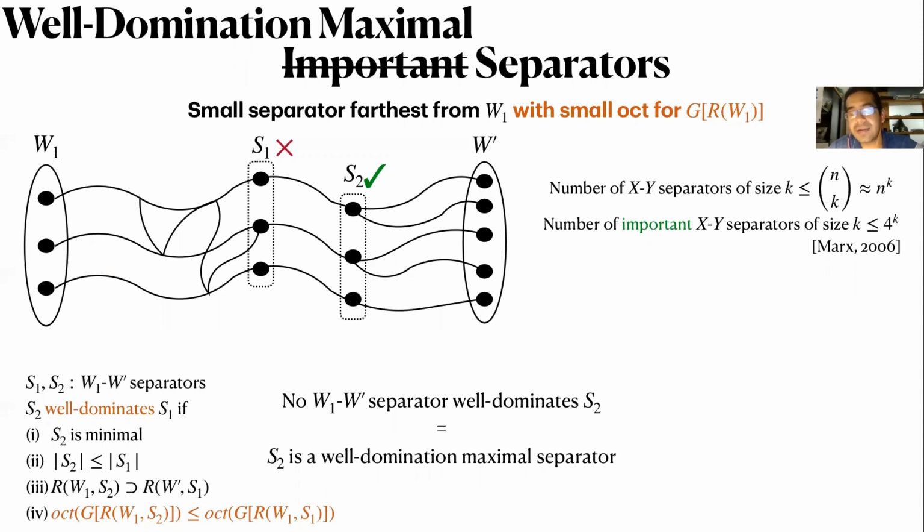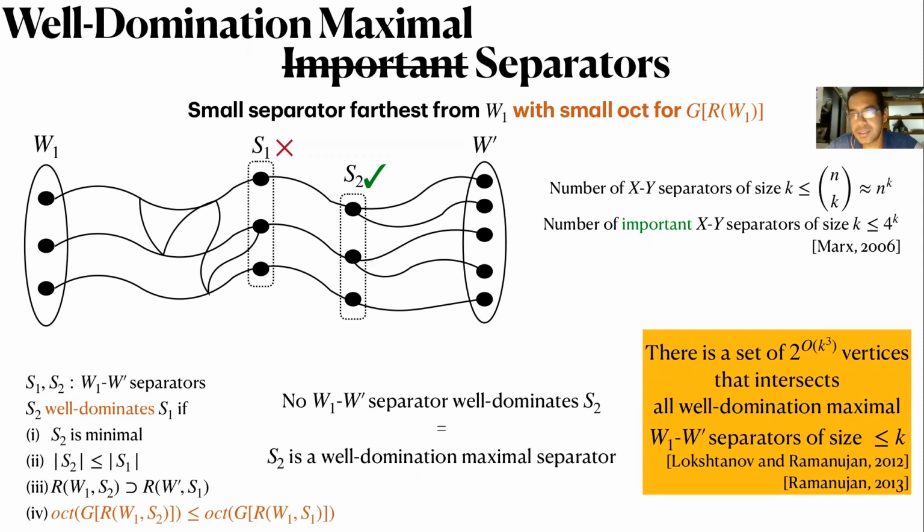We call these kinds of separators well domination maximal separators. It is just an additional condition because we have to maintain the bipartition property. So this is needed. The idea is a small separator farthest from W1, but with a small odd cycle transversal in the reachability graph.